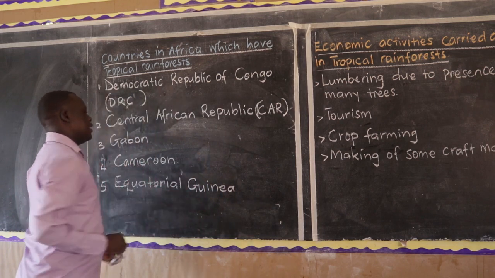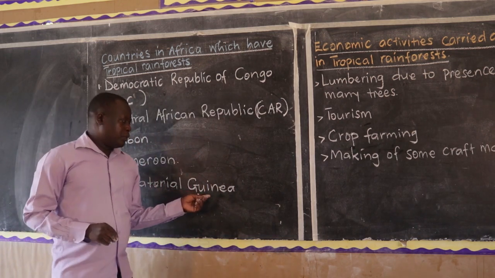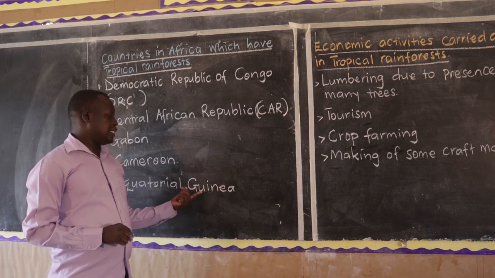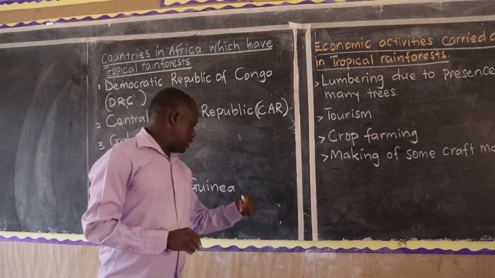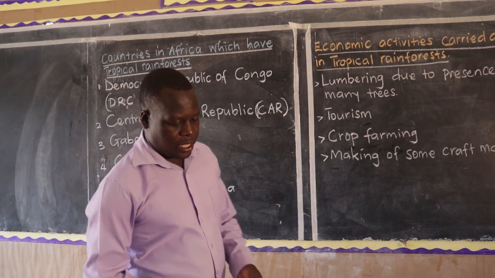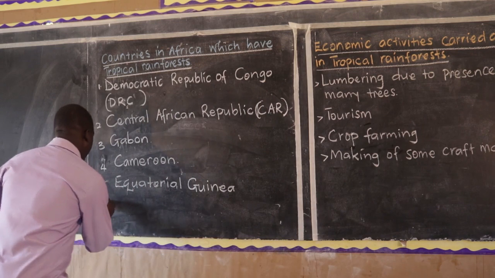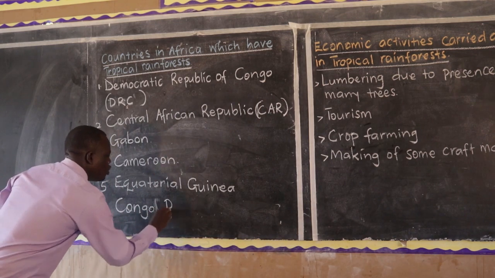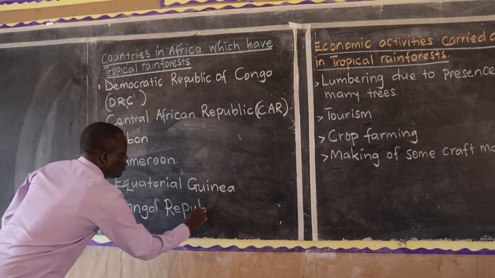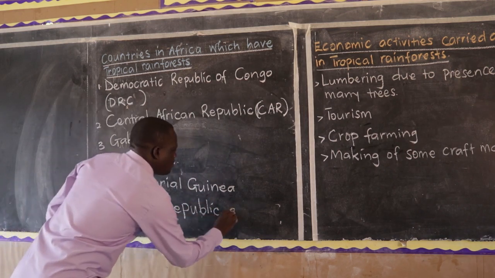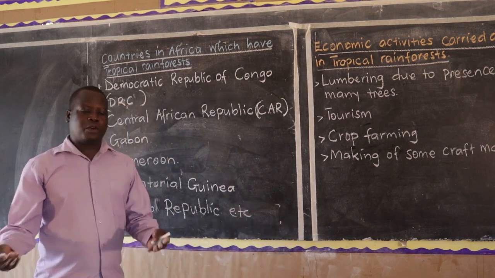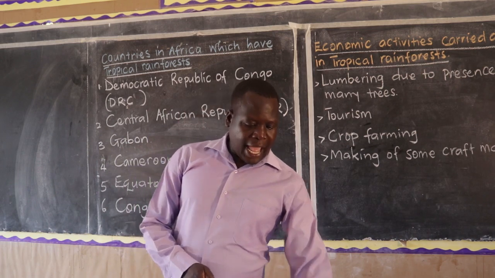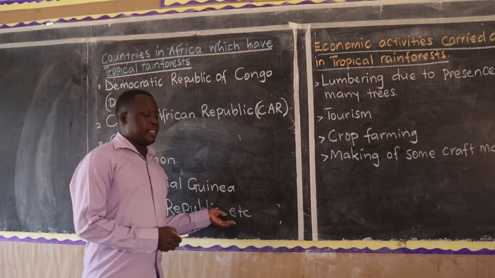Sometimes it is a common mistake for most people to spell it G-I, but it is G-U-I-N-E-A. And we have the Congo Republic. I can give you only six. I know you are going to look at some. And many others, as you have seen if you are following me in your textbook or atlas, are covered by this.